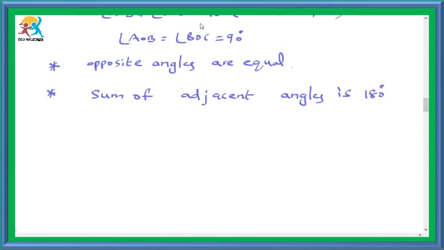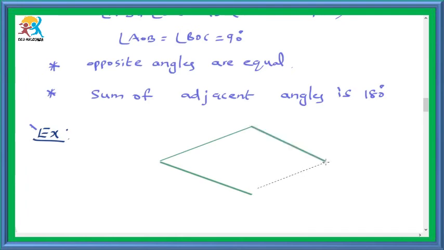We go through one question. Let us take a rhombus. In this rhombus, one diagonal is equal to one of its sides.